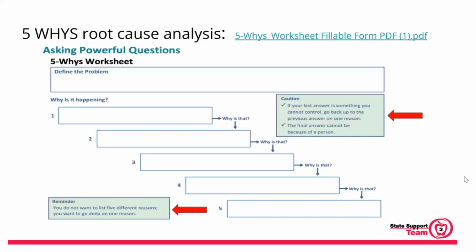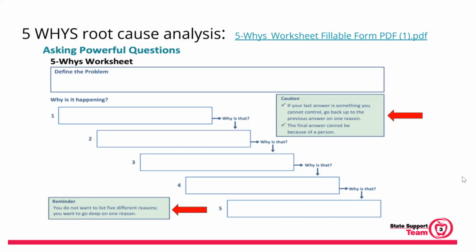There are different ways that teams can go through the root cause analysis. And again, your SST3 consultants can assist your team with completion of root cause analysis. One of the most popular ones is the 5 whys, where you define your problem and then you answer questions of why is this happening, until you get to the reason.